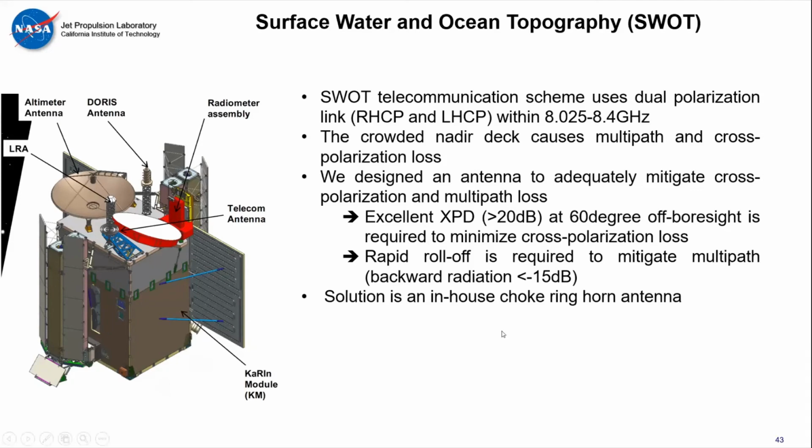So the requirements are that the XPD needs to be more than 20 dB at 60 degrees off-boresight to minimize cross-polarization losses. We also need a very rapid roll-off after this 60 degrees off-boresight, so that we don't have a strong multipath contribution. That's why past 90 degrees, we need to be less than minus 15 dBi of gain.